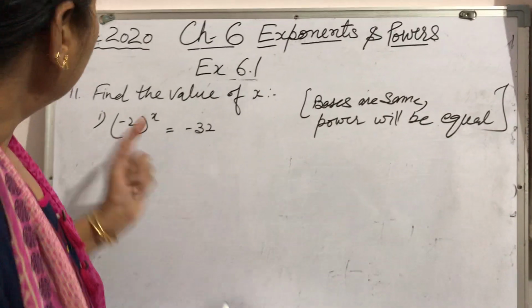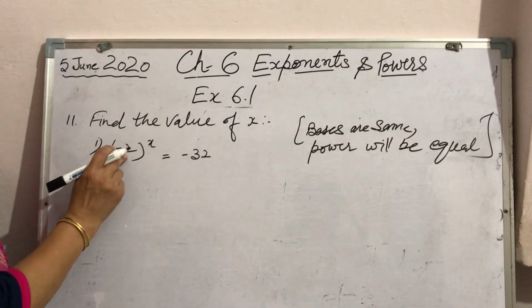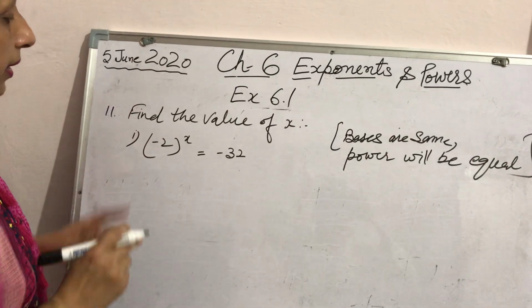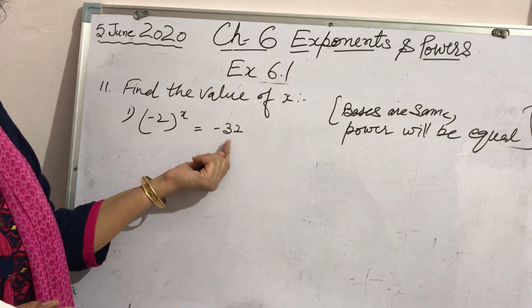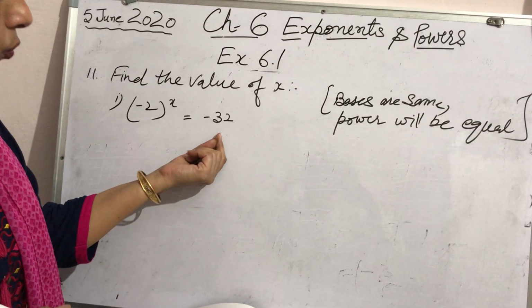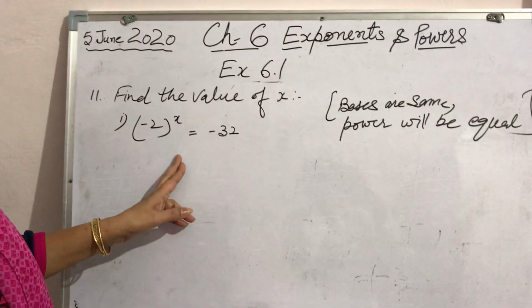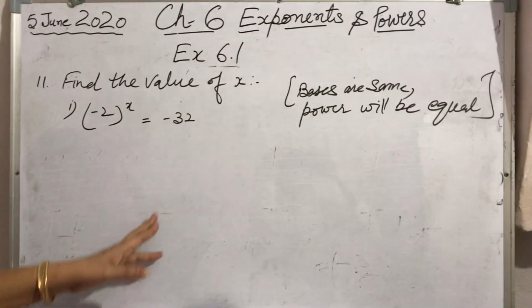Remember this rule. So we now have base 2 and here we have -32. By prime factorization we can write 32 as a power of 2, as we already did in the previous question.